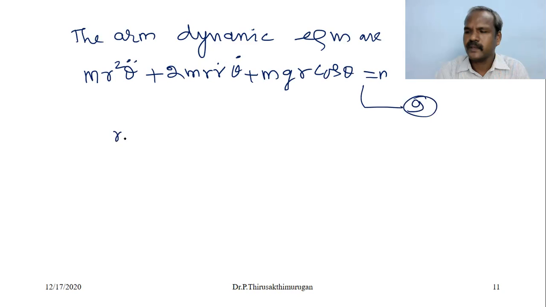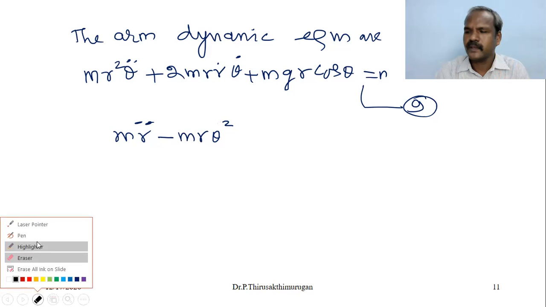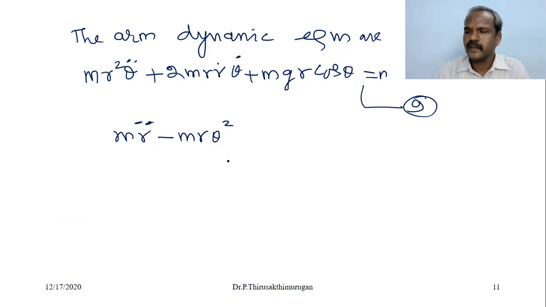The next equation is m r double dot minus m r theta dot squared plus m g sin theta equals F. This is the torque N and this is the force F.